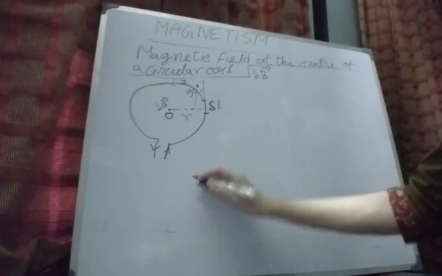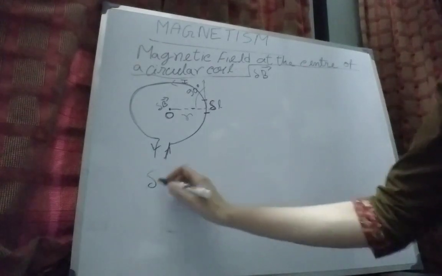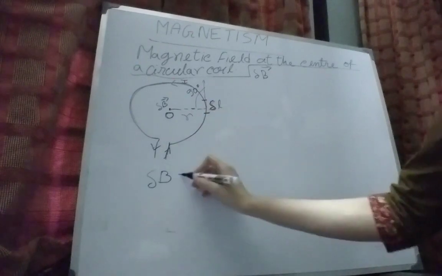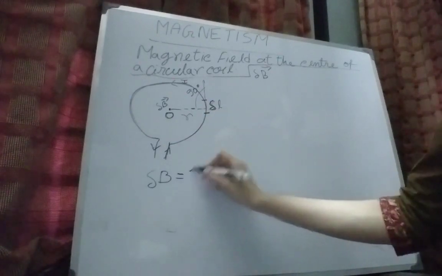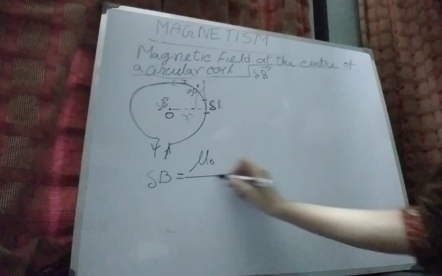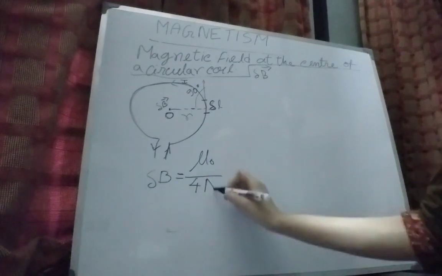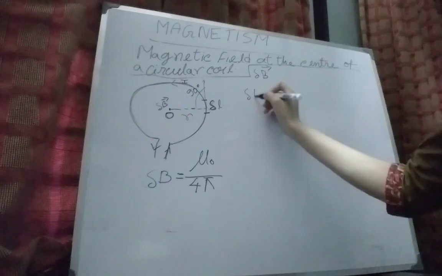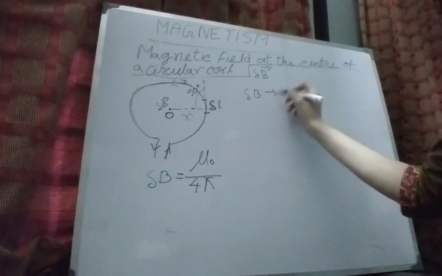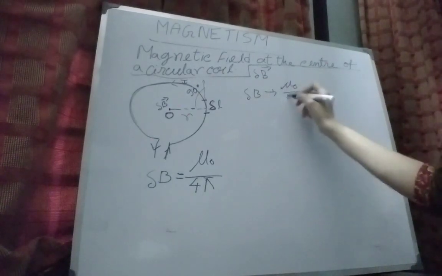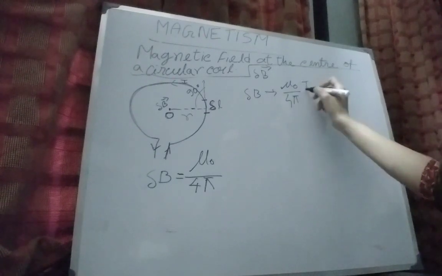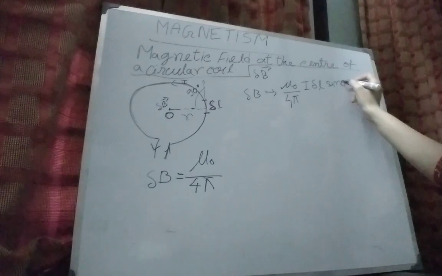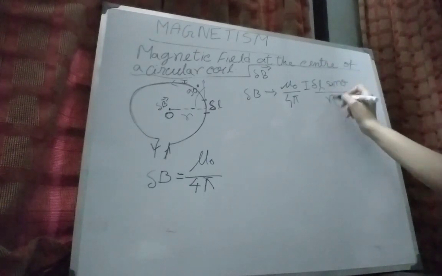So, what will be the magnetic field? The magnetic field due to this del L, according to Biot-Savart's law, will be mu 0 by 4 pi. What was the law? Del B should be mu 0 by 4 pi I del L sin theta by r square.